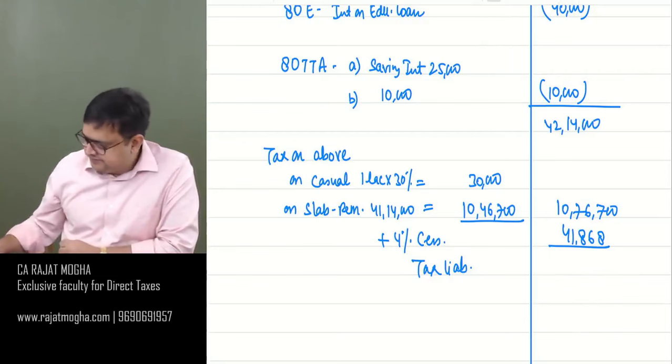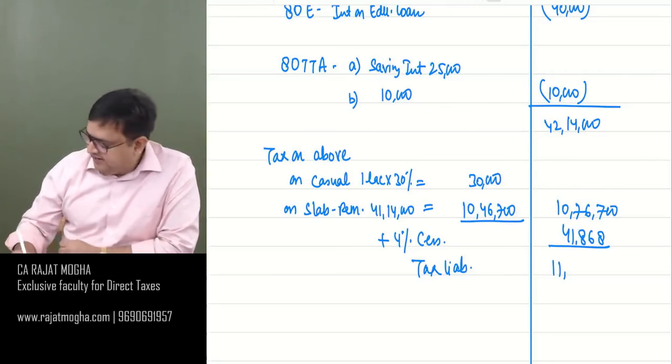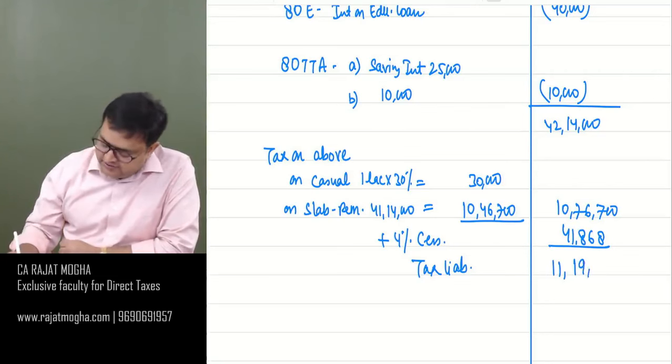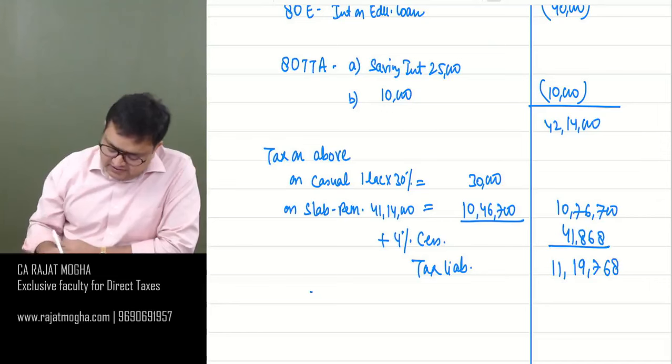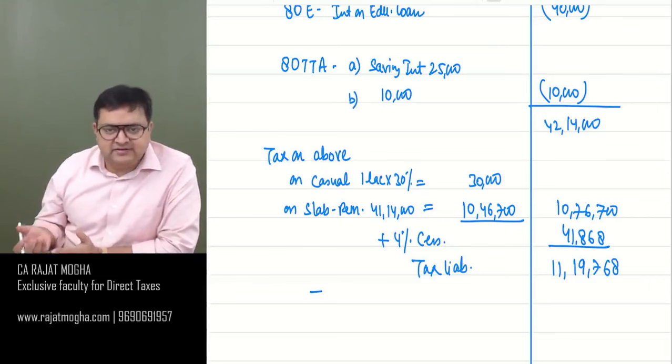Correct. It is 11 lakh 19,768. Now, this is a tax liability, and if there is any TDS or TCS, etc., or advance tax, then we will take care of it.